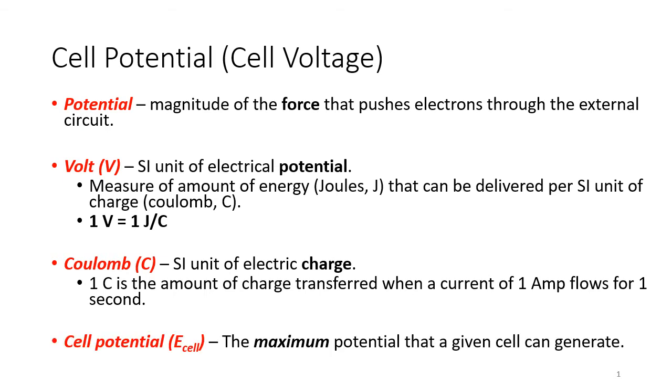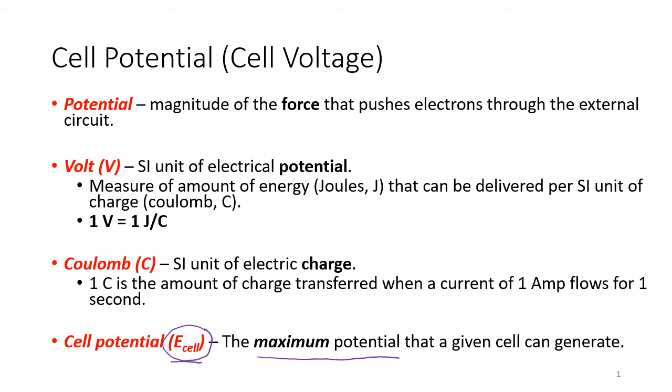And lastly, the cell potential, which when we're talking about a galvanic cell is denoted as E cell, is going to be the maximum potential that a given cell or a given battery can generate. How many volts, or how much potential, can our galvanic cell produce? So we denote that with E cell.